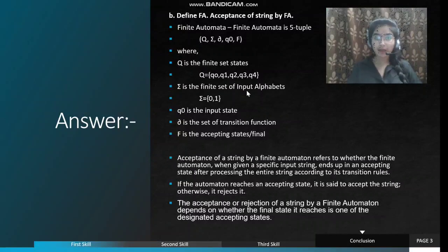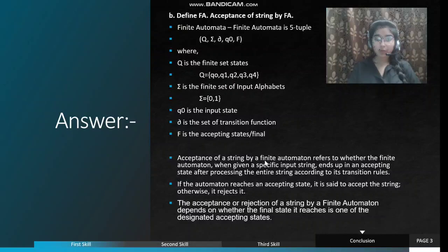Sigma is the finite set of input alphabet, that is what we are providing as input, that is 0 and 1. Q0 is the initial state. Delta is the set of transition functions. F is the accepting state or final state.